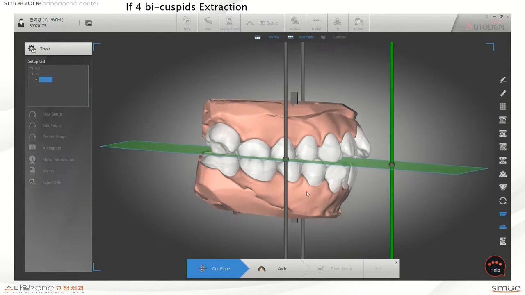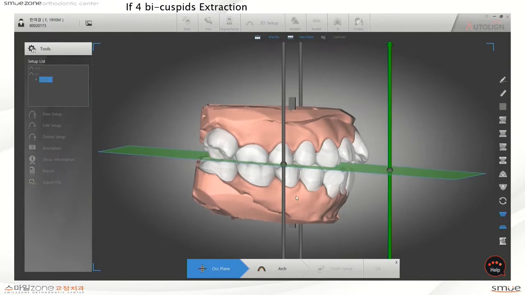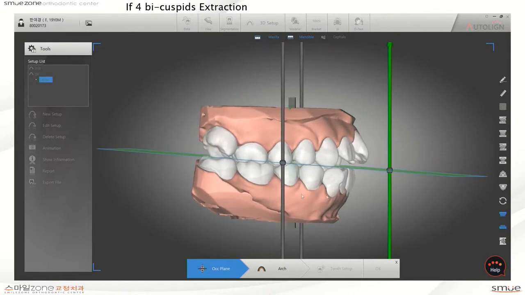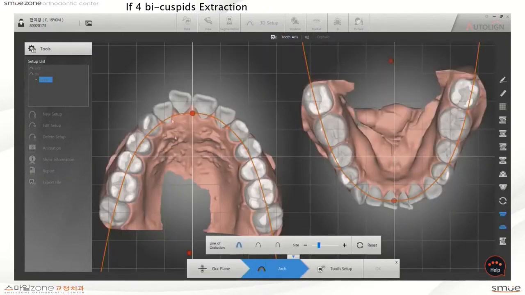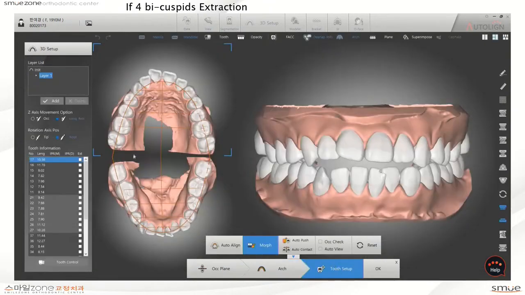Yeah, we first determine the occlusal plane, especially the position of the anteriors according to the lip vertically, and then by setting the arch form, we can determine how much retraction we should do, and we can change it quickly, so we can get a clue.